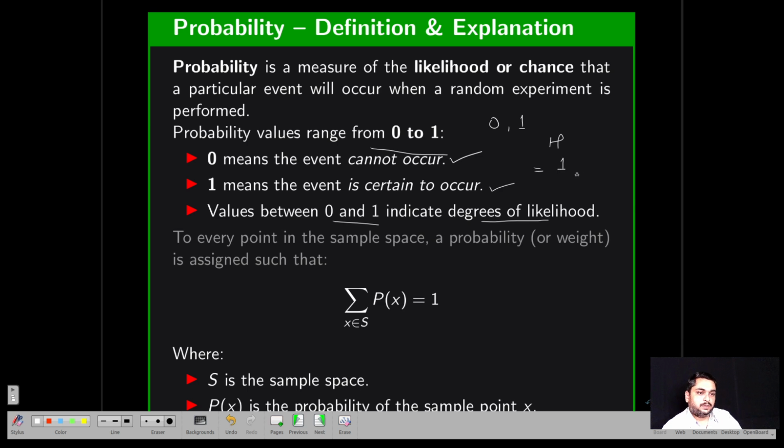Head is one event and the total sample space contains 2, that is head and tail, right? So the likelihood is 50% or 0.5. This is how you write the probability. Now, to every point in the sample space, a probability or weight is assigned such that the sum of all those probabilities is equal to 1.